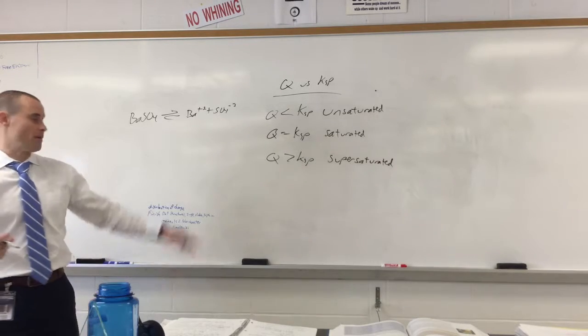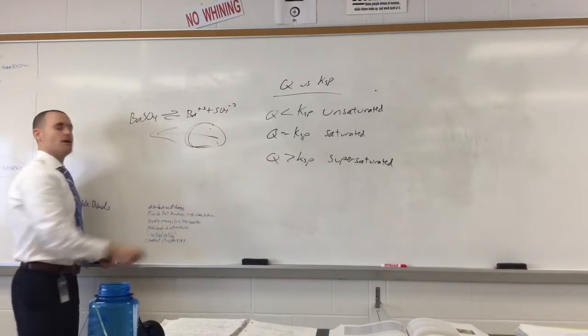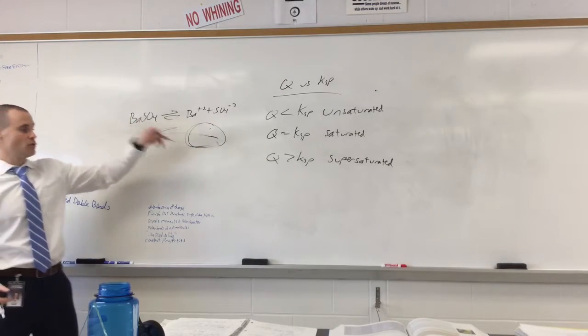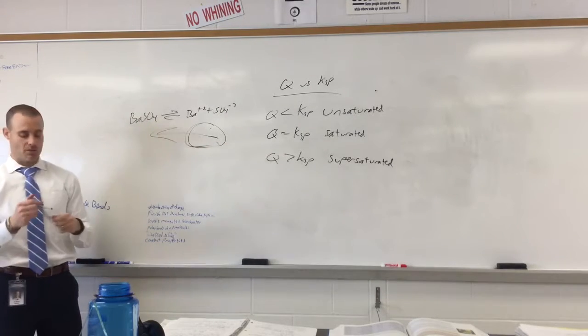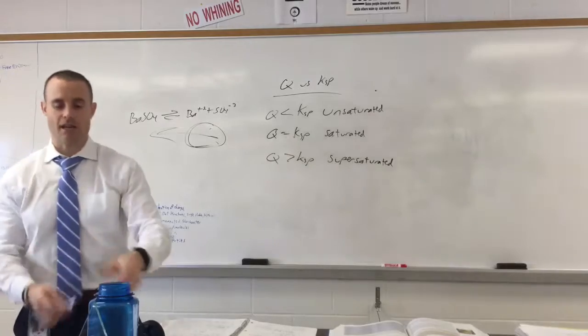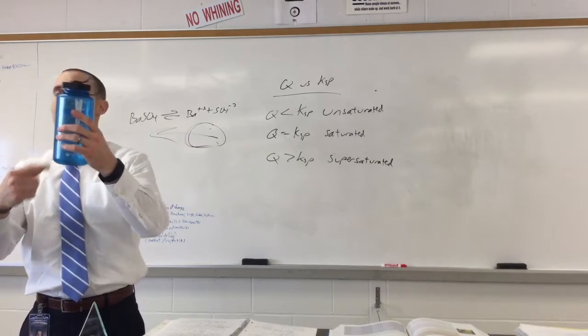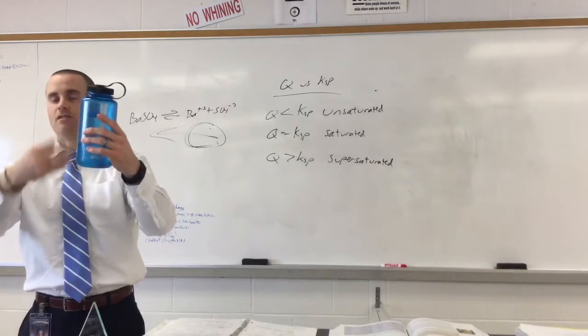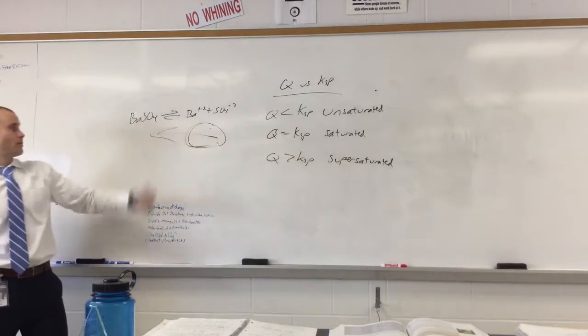It's just going to settle to the bottom. That's what that means. You have too much here, so we're going this way. It's going to start to precipitate. If this is saturated and I add more solute to it, it's never going to dissolve. It's going to sink to the bottom. So you have too much, and it'll precipitate.